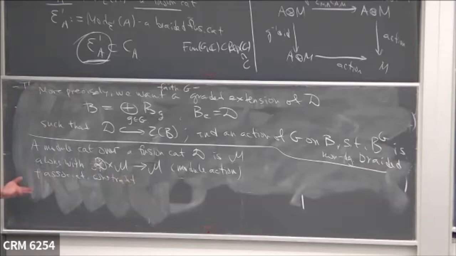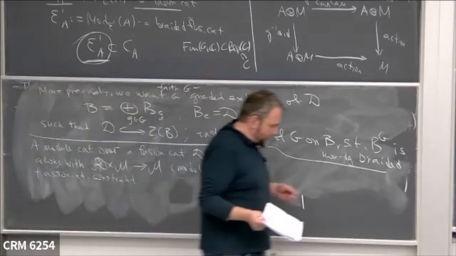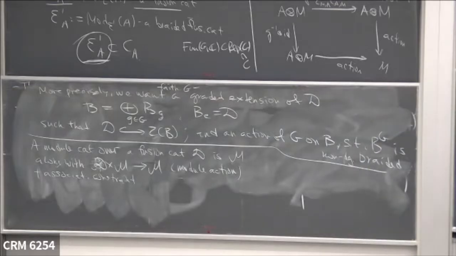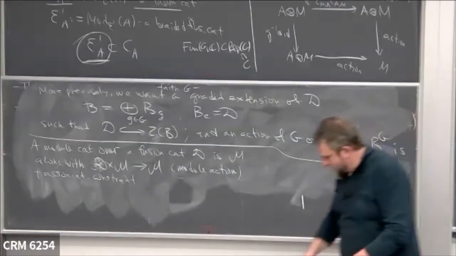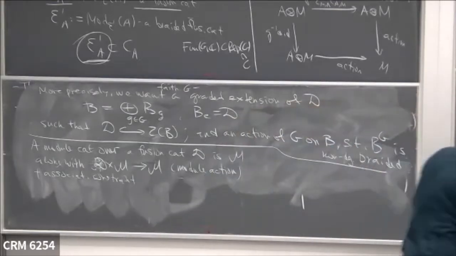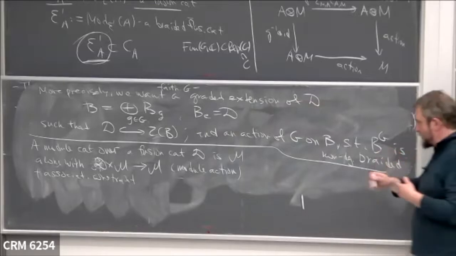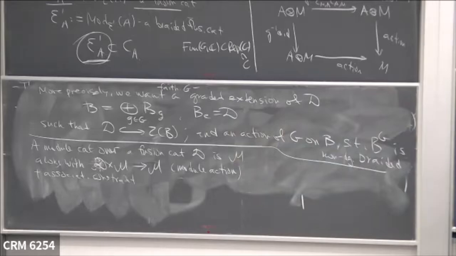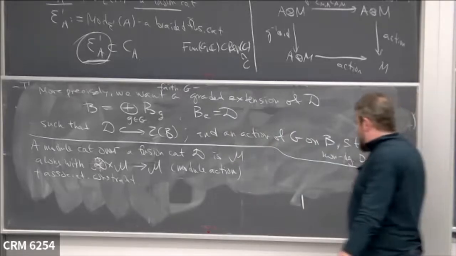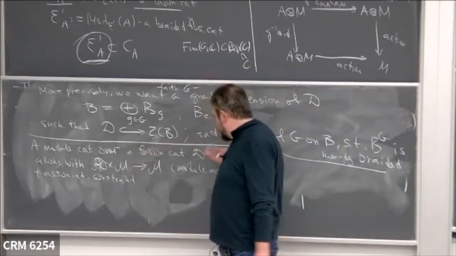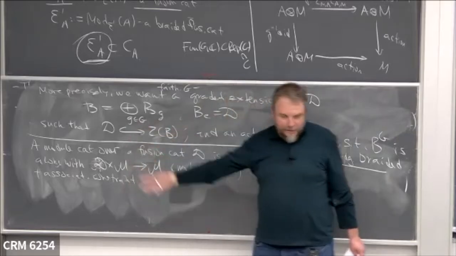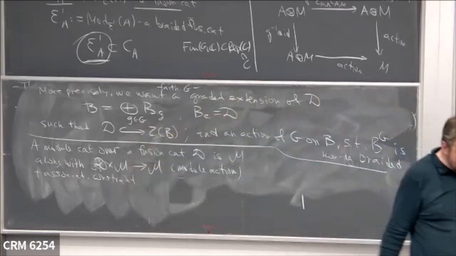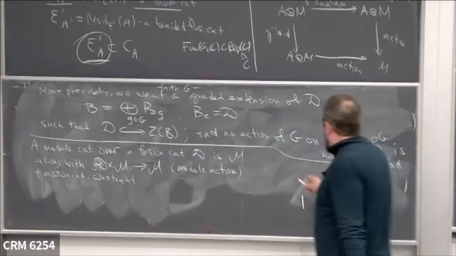It's clear what we should require, right? Like the usual module action of a ring on a module is required to be associative, here it's associative up to isomorphism. This isomorphism is to satisfy something else. Well, that's a very natural notion, right? Because we don't study rings in isolation. We study them through their modules. Similarly, we study tensor categories through their module categories.